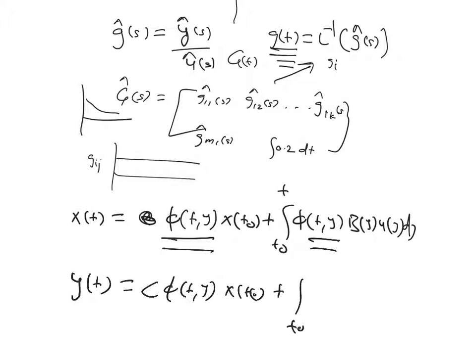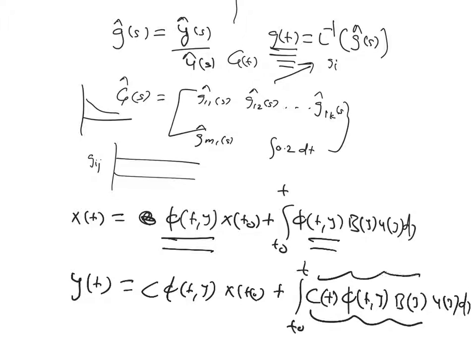plus the integral from t0 to t of C(t) phi(t, tau) B(tau) u(tau) d tau. So this is your g(t, tau).